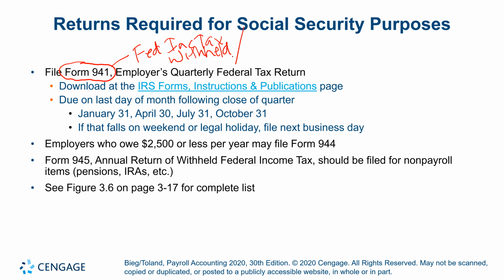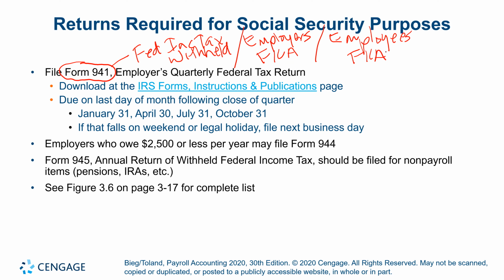This includes the employer's portion of FICA, Social Security and Medicare, and then the employee's portion of FICA, Social Security and Medicare. And again, we'll get some practice doing this in class together.